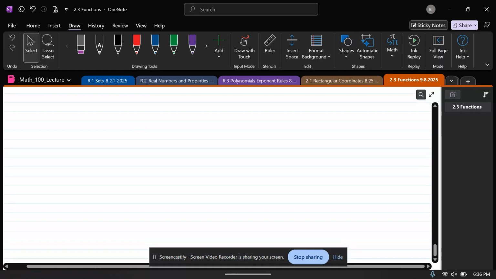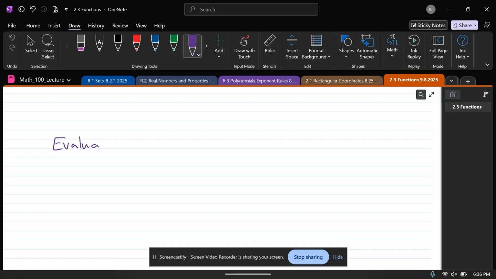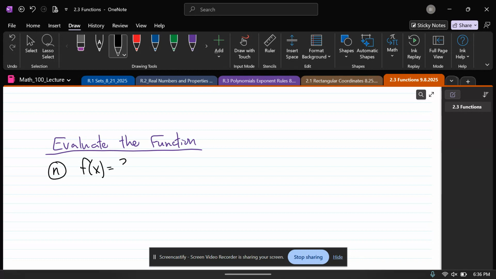Let's evaluate. Evaluate the function. That's easy enough. So here's our function. Example n, f of x is equal to 3x minus 9. And they want us to find f of negative 2.